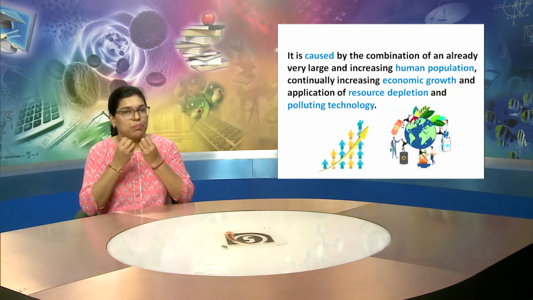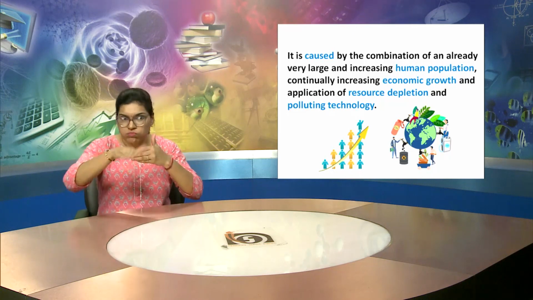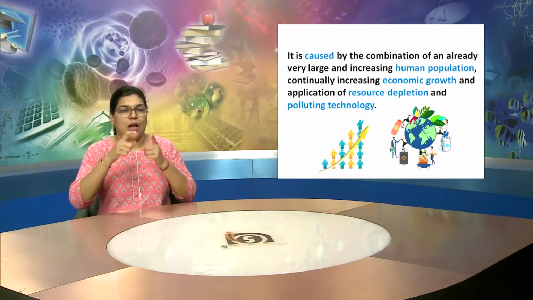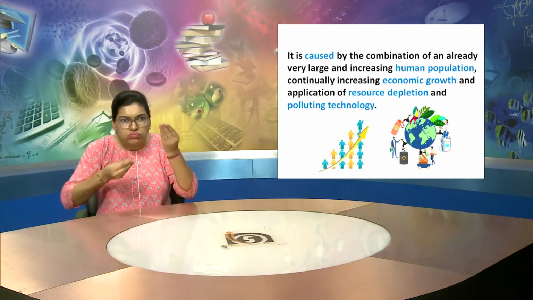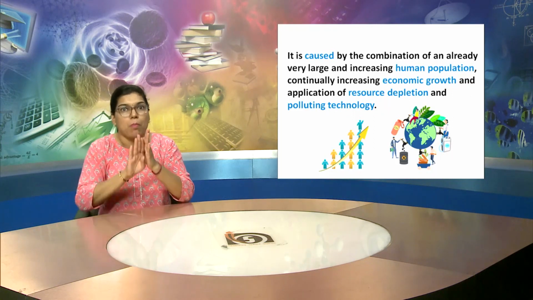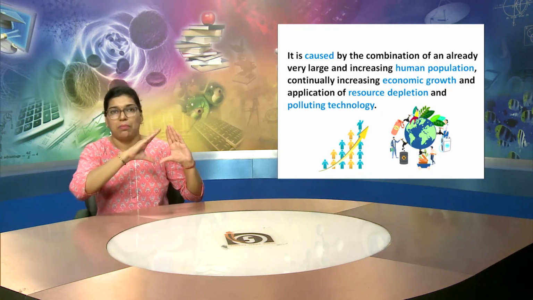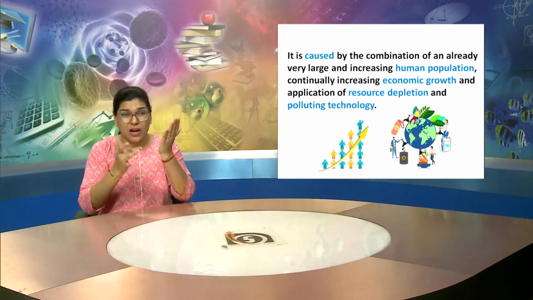And what is the reason that environment is degraded? It is caused by the combination of an already very large and increasing human population. And this human population is continuously increasing.